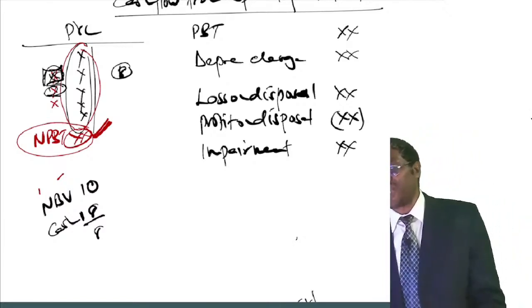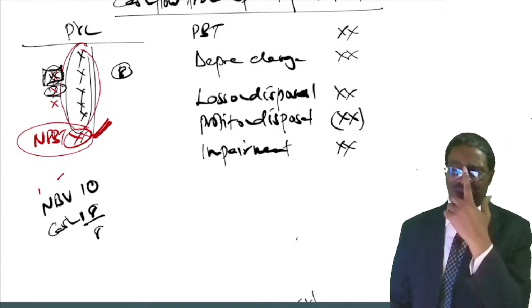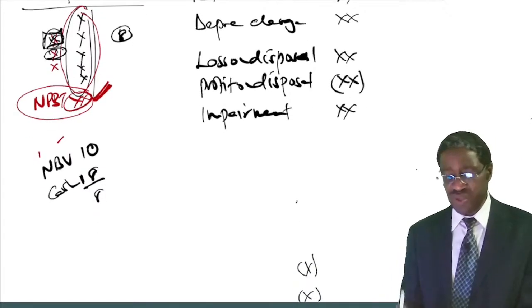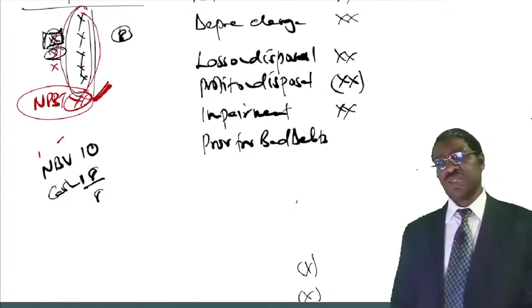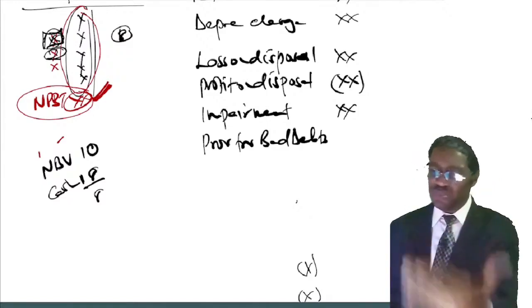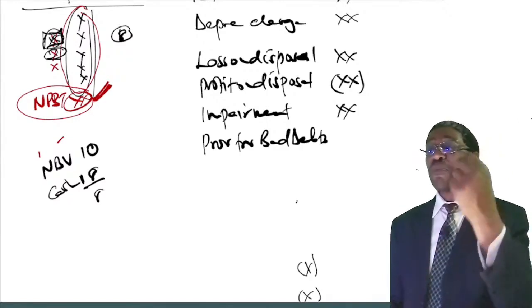unrealized loss on forex. Okay, fine. So any unrealized loss. Maybe something like provision for bad debts. Of course, provision for bad debts is a loss. So when you anticipate that some of your debtors are likely not to pay you, you normally make a provision.